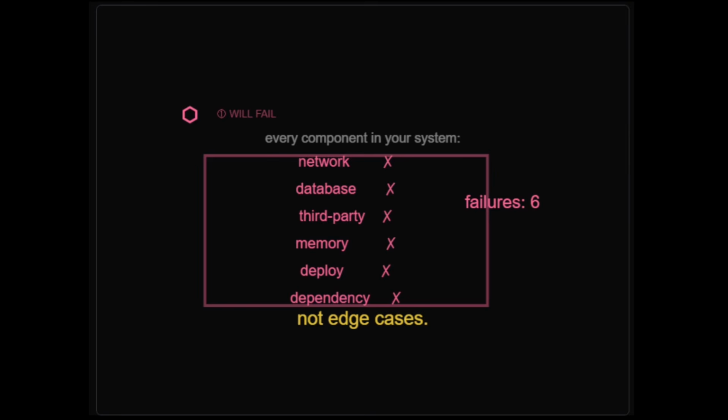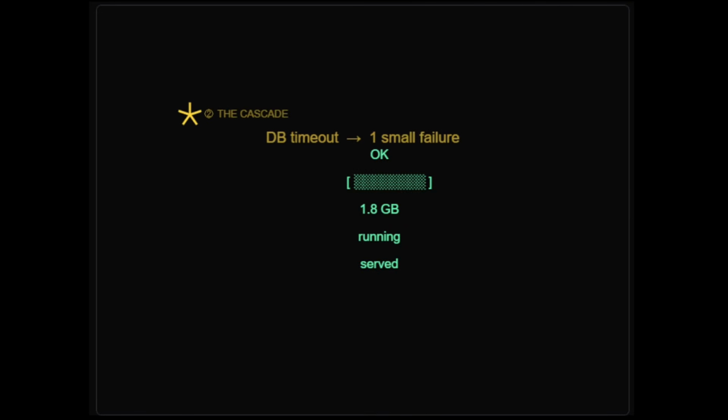These are not edge cases. These are the normal operating conditions of production systems. Any system that treats failure as an exception rather than a design constraint is not a system. It is a gamble.